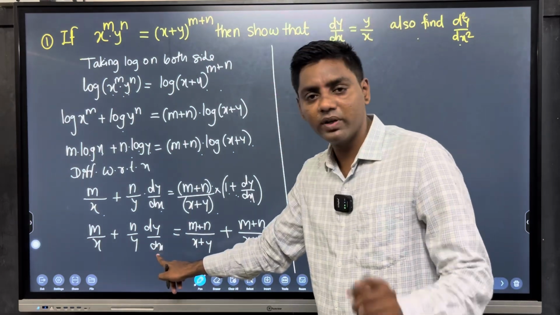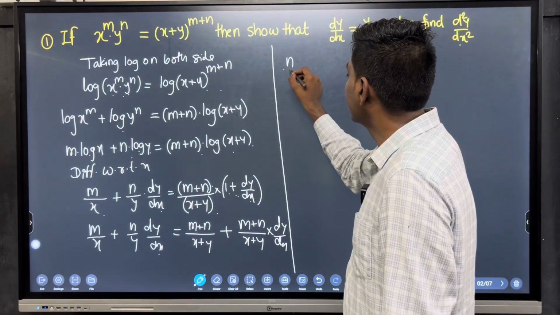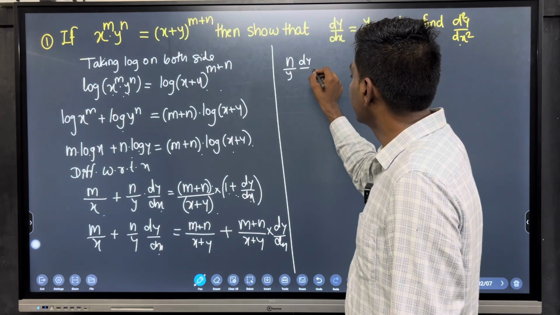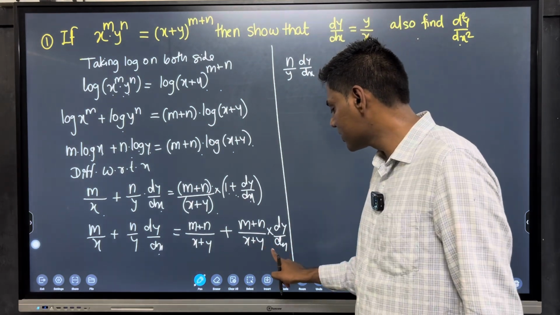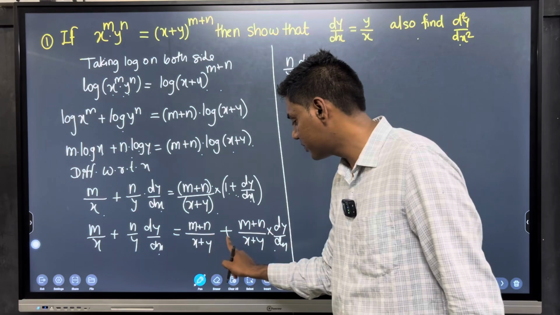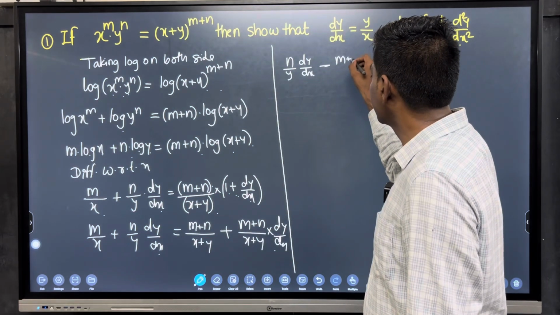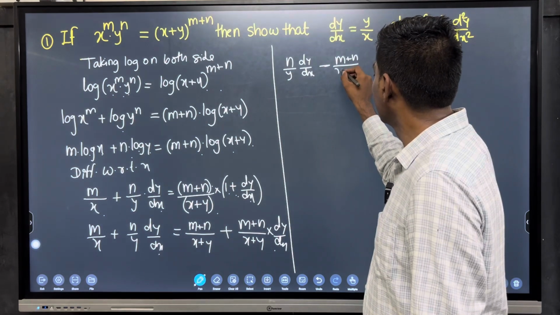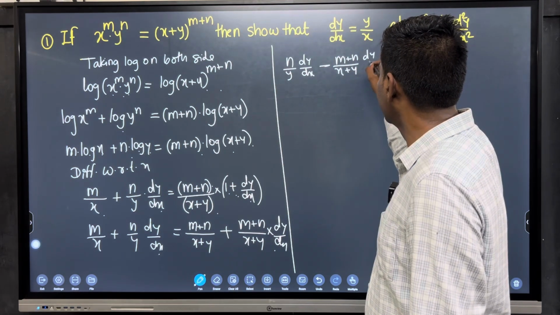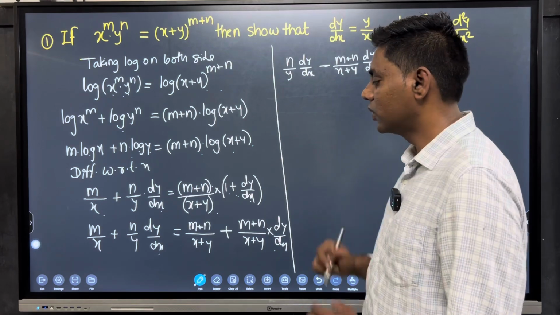So for that we make it very simple. This is the term of dy by dx, write down n divided by y dy by dx. This is the term with dy by dx, it goes to that side, positive becomes negative, so minus n divided by x plus y into dy by dx, equal to.